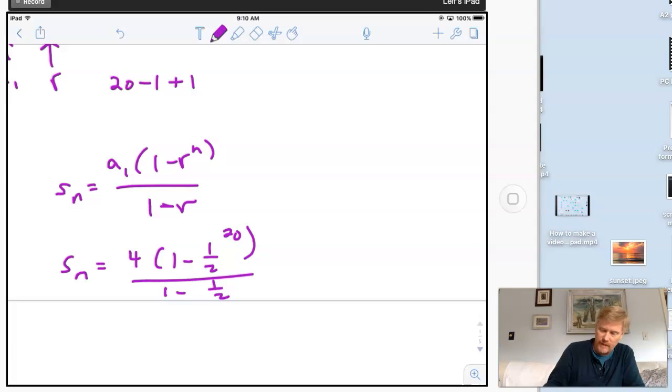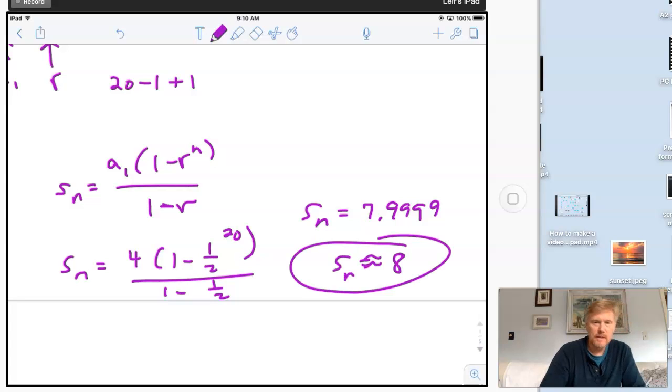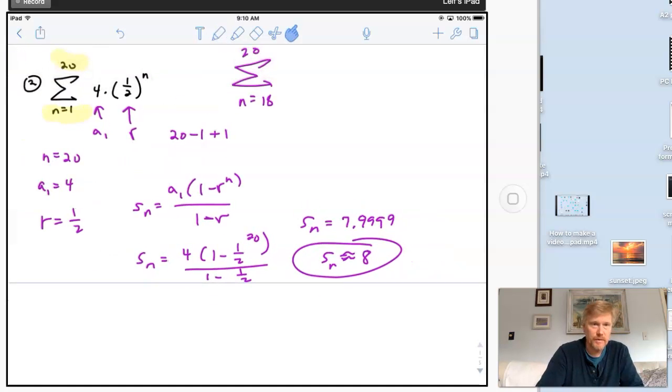Then divide that by 0.5, and I get S of n equals 7.9999. So we're going to say that's pretty close to 8. Approximately 8, if you round off a little bit, which is just fine in this case. So there's your second problem. If you have any questions, please bring them to class.